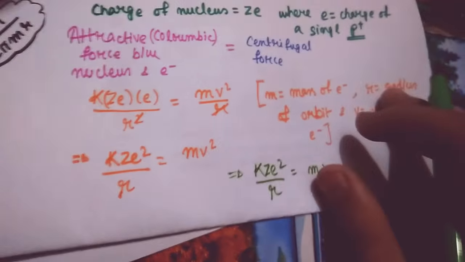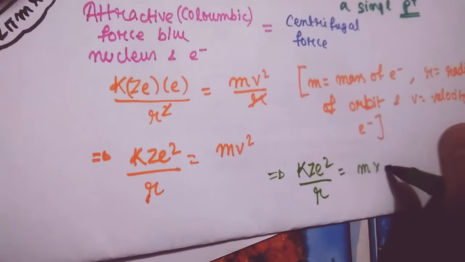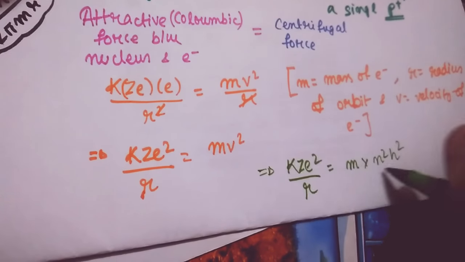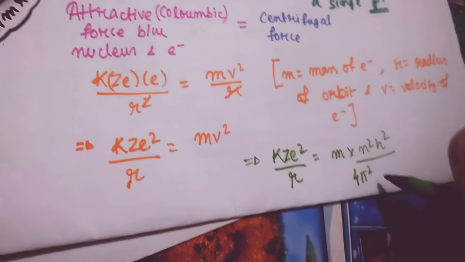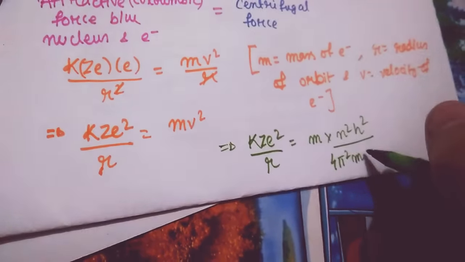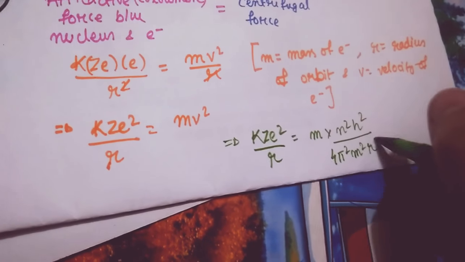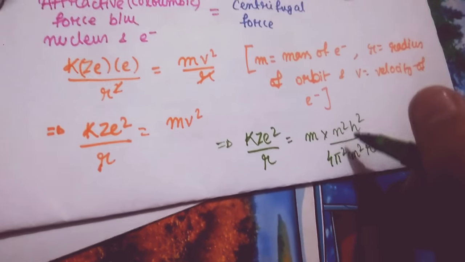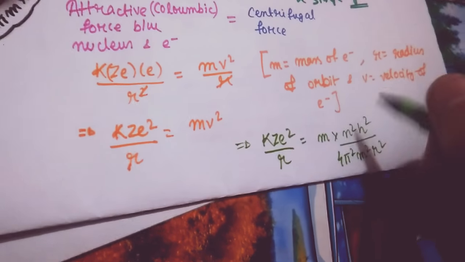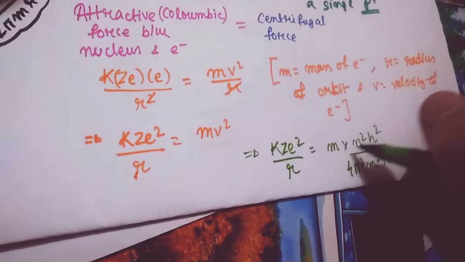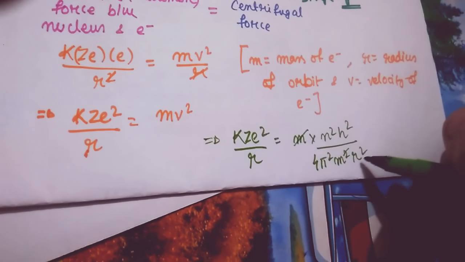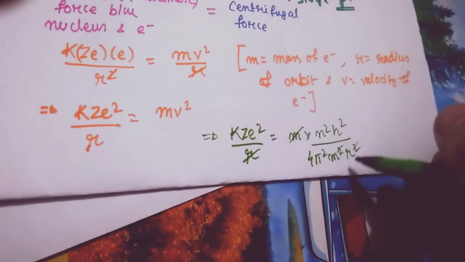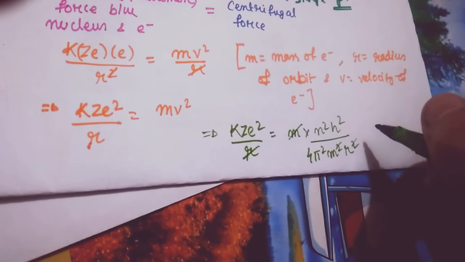So we can write this as m into n squared h squared divided by 4 pi squared m squared r squared. If we do some cancelling, r gets cancelled and we get r raised to 1.